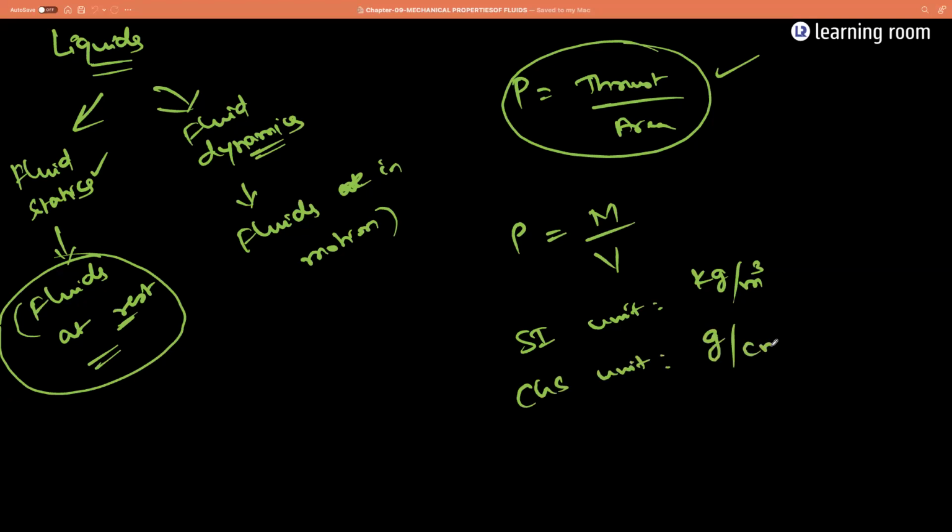Gram per centimeter cube, or it is also called gram per cc, where cc stands for cubic centimeter. Is that point clear, guys?